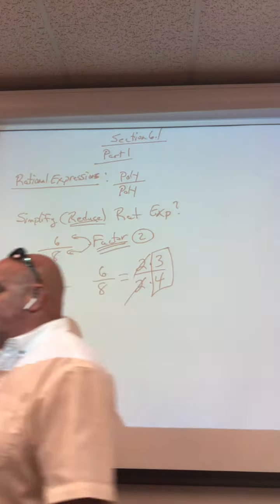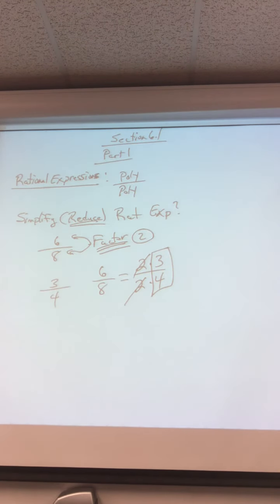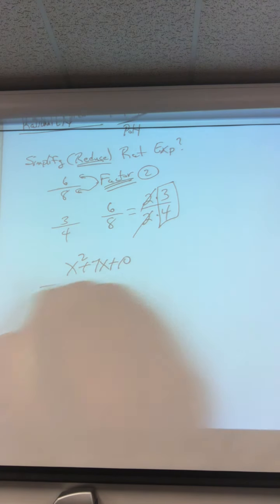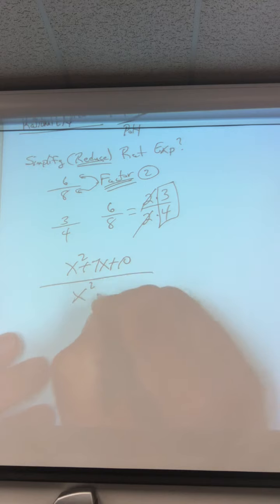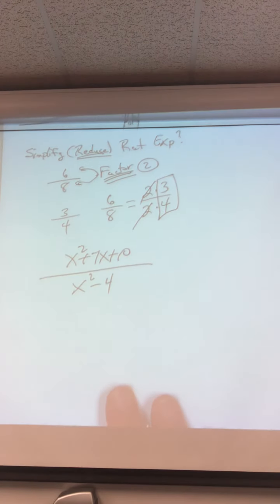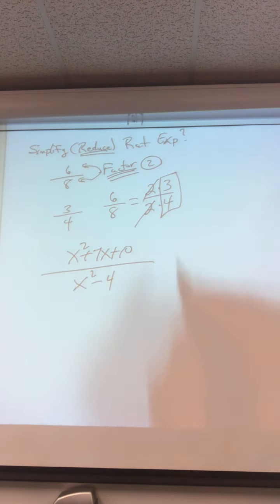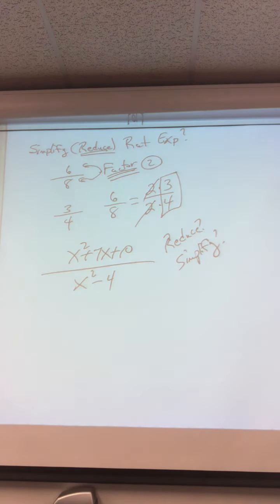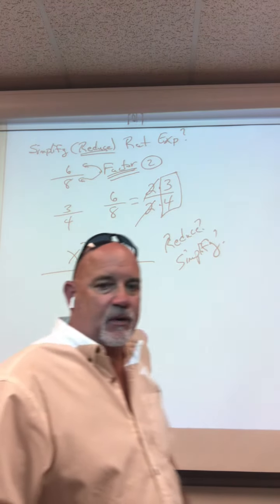So what we're about to do is, don't write this down yet. We're going to be asked to reduce, or another word is simplify, this. Not divide it. Simplify this rational expression.